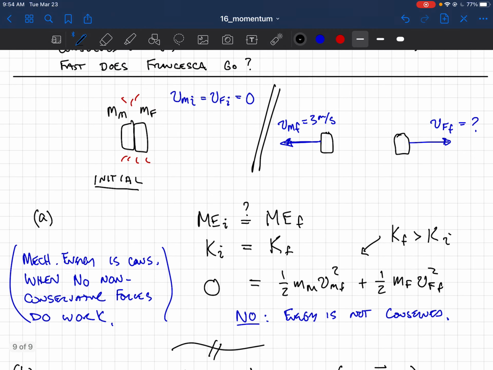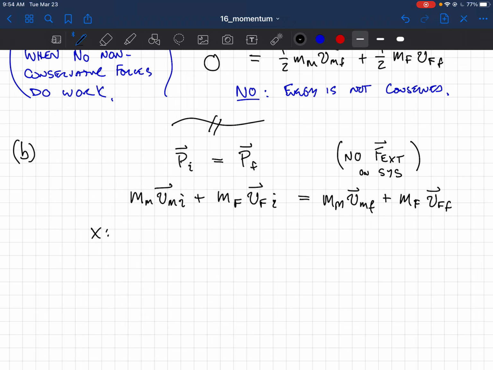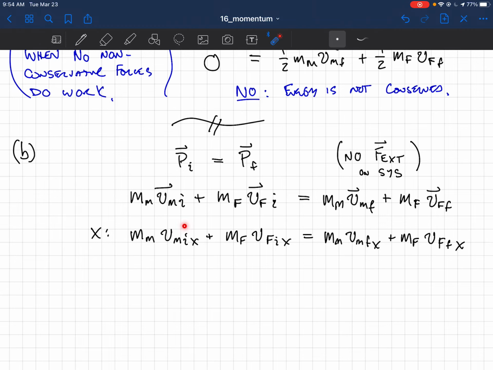We have to deal with it as a vector equation, but in this case it's again simple that there's only things along one line, so we only have to look at the x components. So we rewrite this equation as an x component equation. m Mark, v Mark initial x, plus m Francesca, v Francesca initial x, equals m Mark, v Mark final x, plus m Francesca, v Francesca final x.